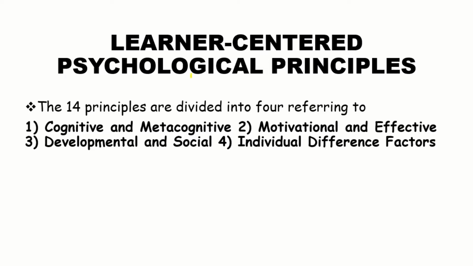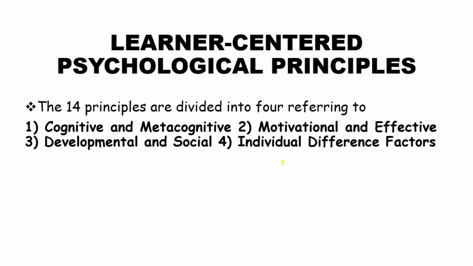The 14 principles are divided into four categories: cognitive and metacognitive, motivational and affective, developmental and social, and individual difference factors. The principles are intended to apply to all learners, from children to teachers, administrators, parents, and community members involved in our educational system.